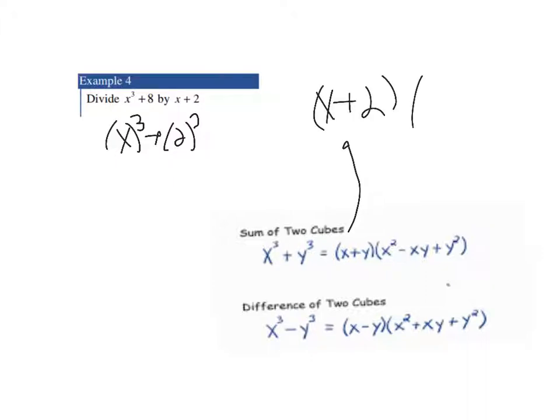For this one, I know that if something cubed plus another thing cubed will factor to this, this is going to be x cubed plus 2 cubed. So I could factor this to x plus 2, because that's the x plus the y, times x squared minus 2x plus 4.